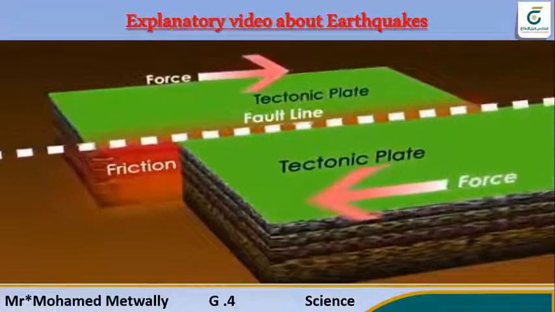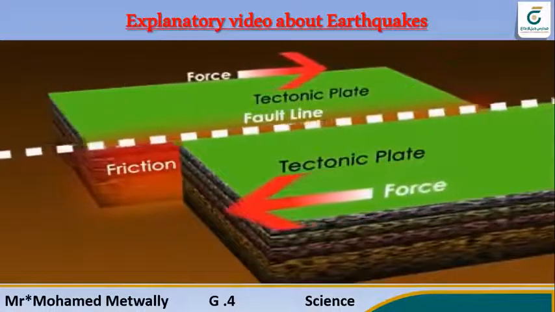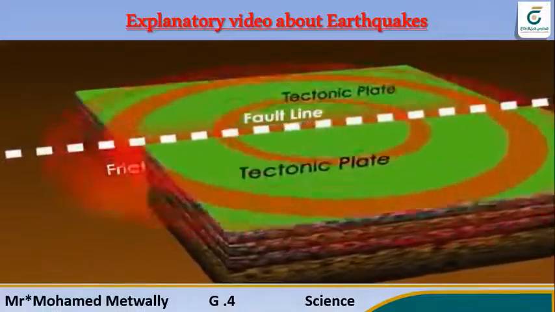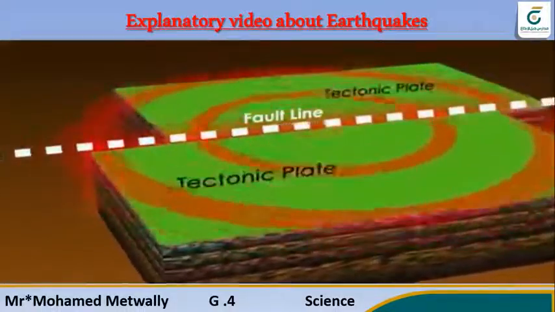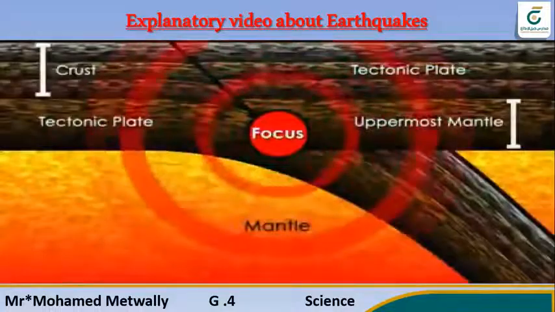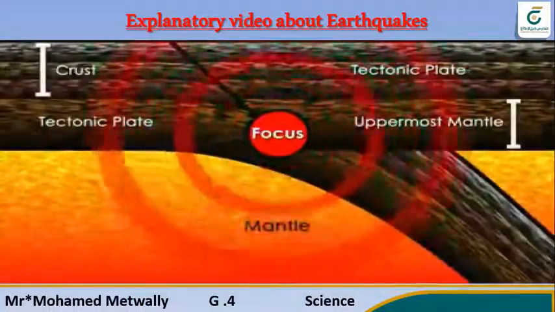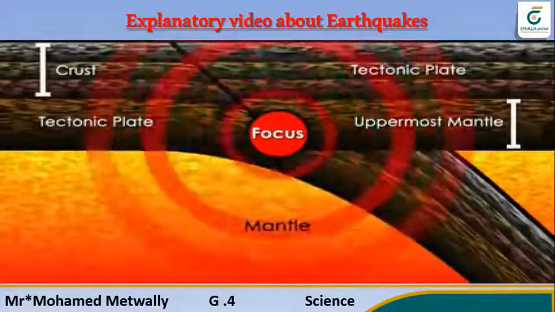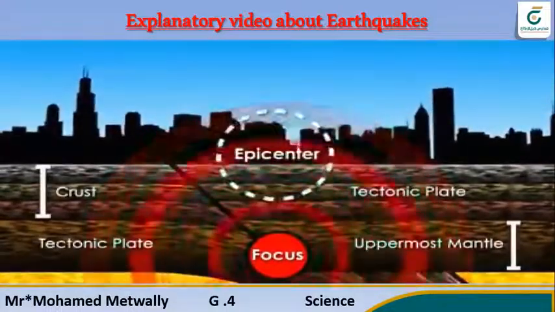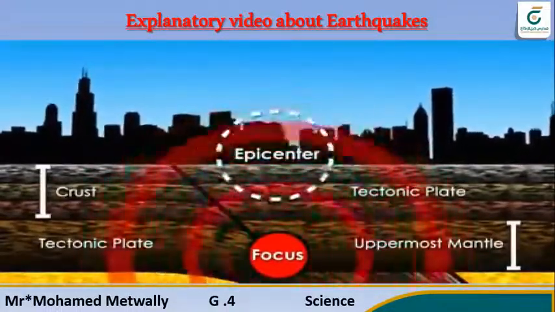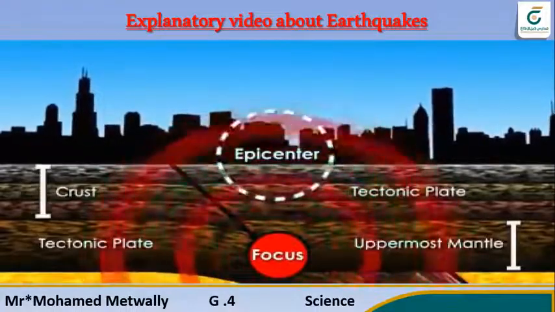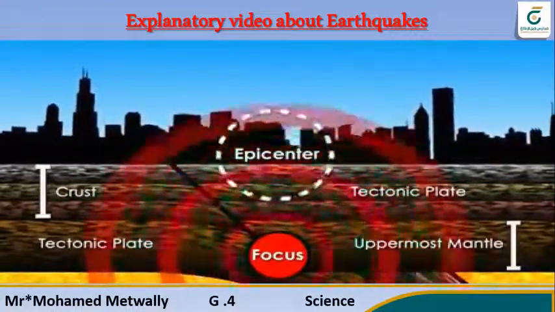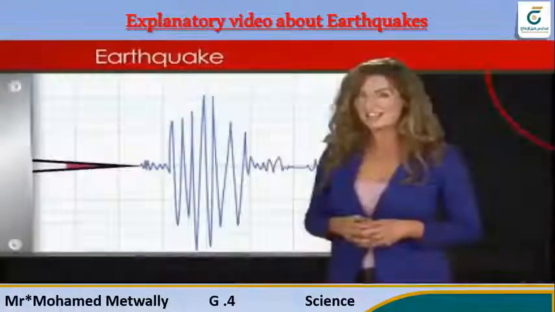When the force that moves the plates is enough to overcome the force holding them together, the plates can break apart suddenly, sending shock waves through the earth. The place where the earthquake is actually generated is often hundreds of feet below the surface, and is called the quake's focus. The point on the surface of the earth directly above the focus is called its epicenter, and usually is where the earthquake is the strongest and where most damage occurs.